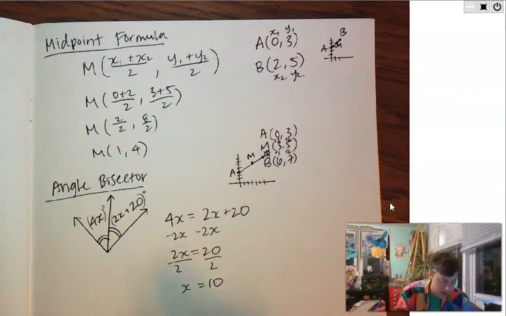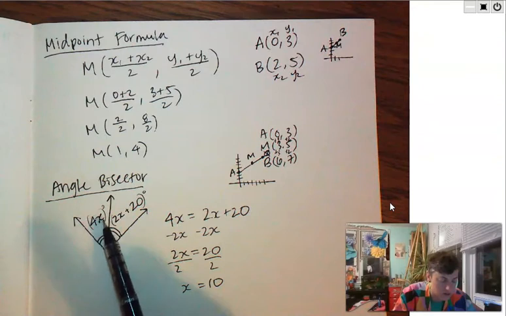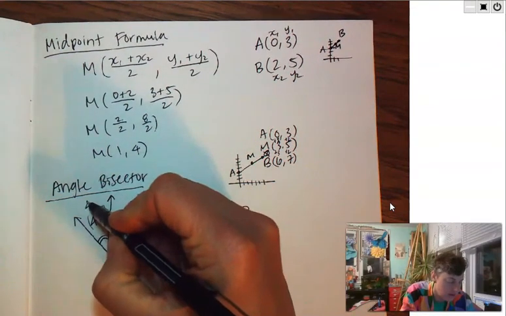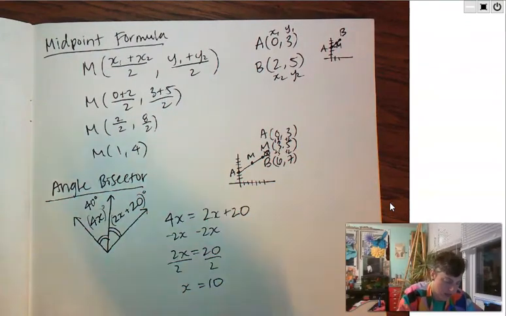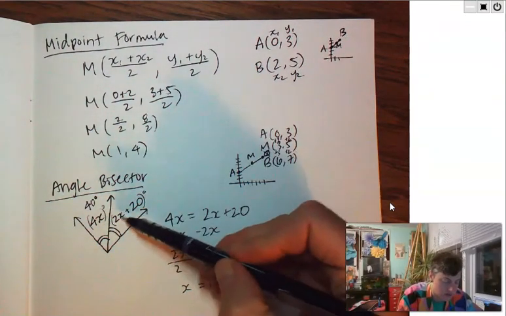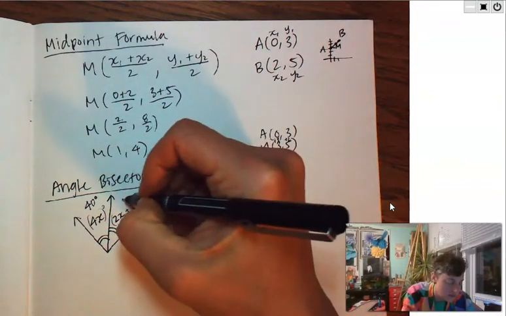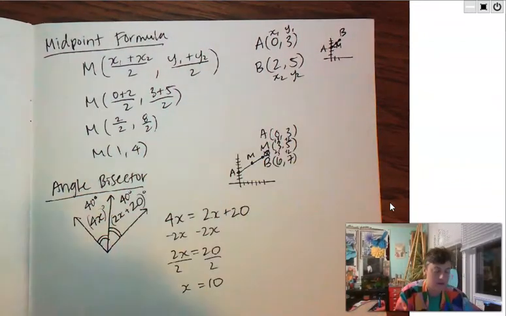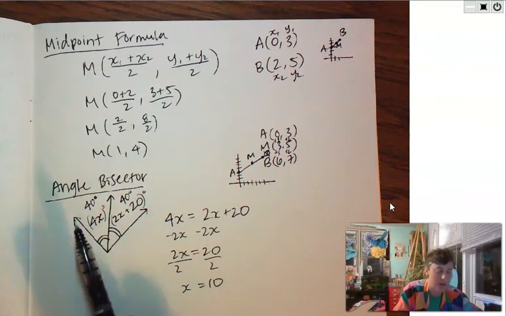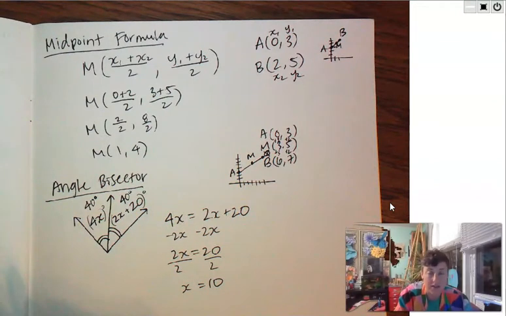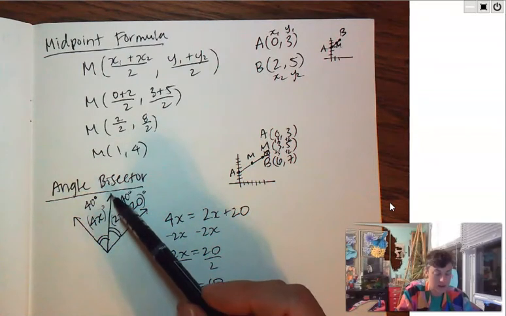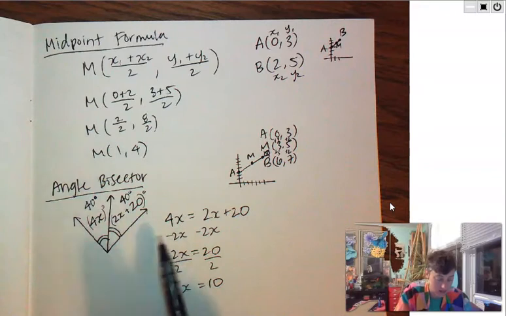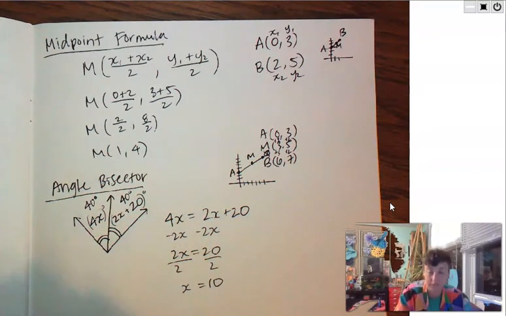And if we plug that back in, that would mean this 4x degrees, 4 times 10, is 40 degrees. And 2x plus 20, 2 times 10 is 20, plus 20 is 40 degrees. So that's our check. When we plug our x back in, both of these halves should equal the exact same number. Because that's what an angle bisector does. It splits an angle perfectly in half so that each half is equal to the other side. Great.